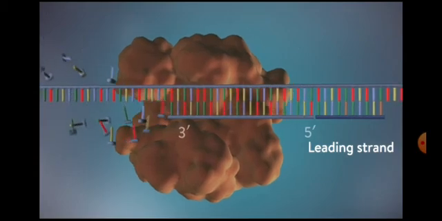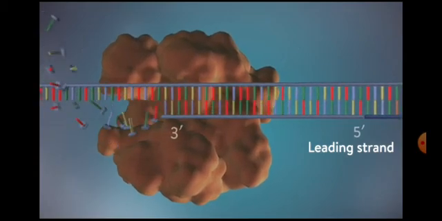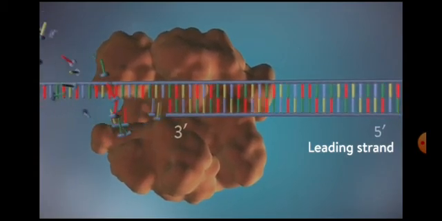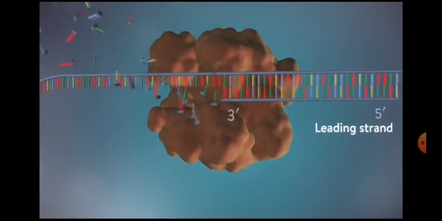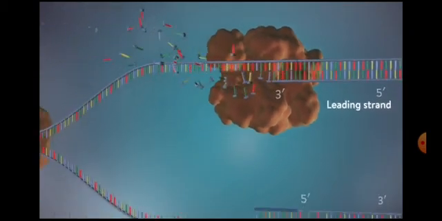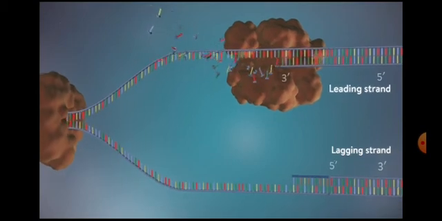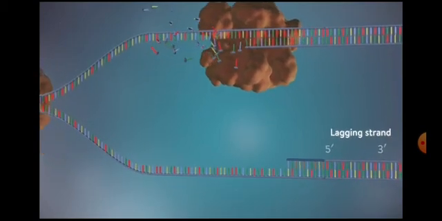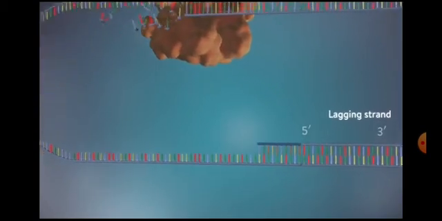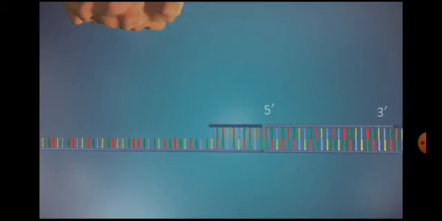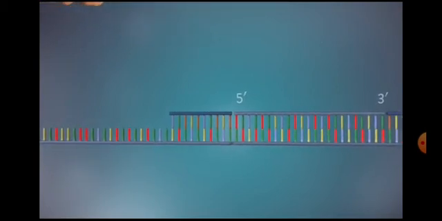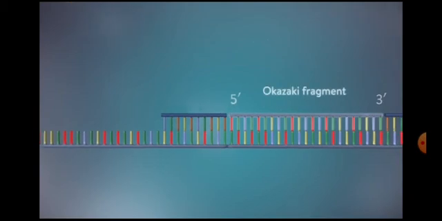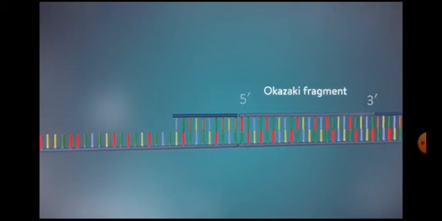This is called the leading strand, the new strand which is synthesized in a continuous manner. The other strand is called the lagging strand. It cannot be made in this continuous way because it is in the opposite direction, so it is prepared in the form of small fragments called Okazaki fragments.